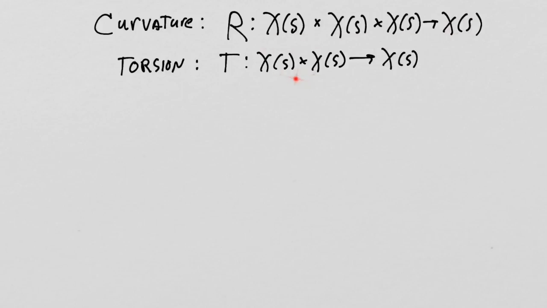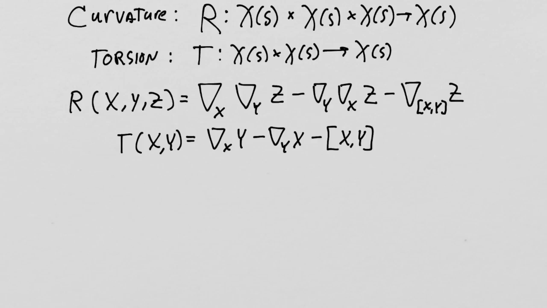Well, the torsion took an ordered pair of vector fields and returned a vector field. But the logic is going to be the same. We're going to have to create this kind of mapping and try to understand how we can get from that mapping into a tensor.